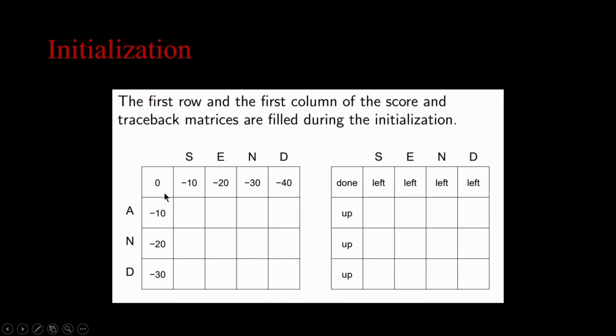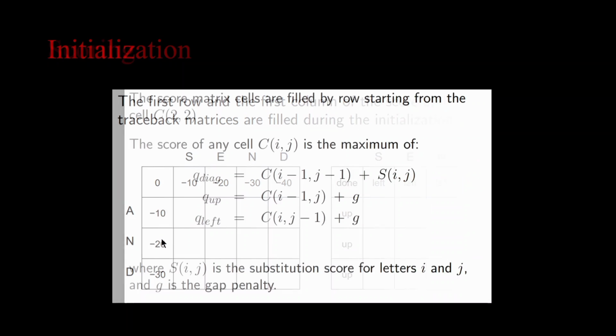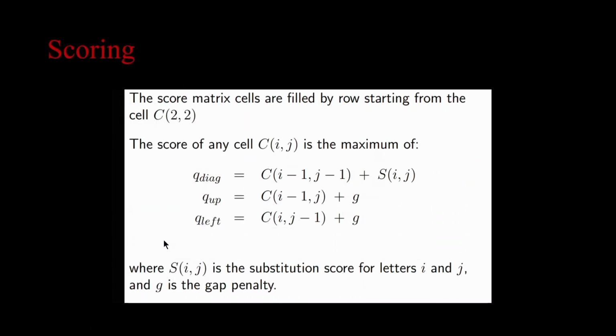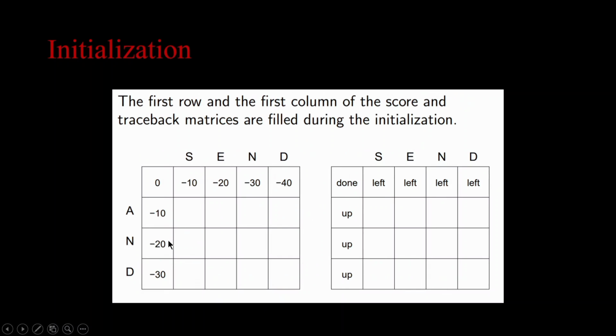The first value is 0, and the second value will be the previous cell value 0 plus gap value -10 equals -10. For this cell, previous cell value -10 plus gap value -10 equals -20.